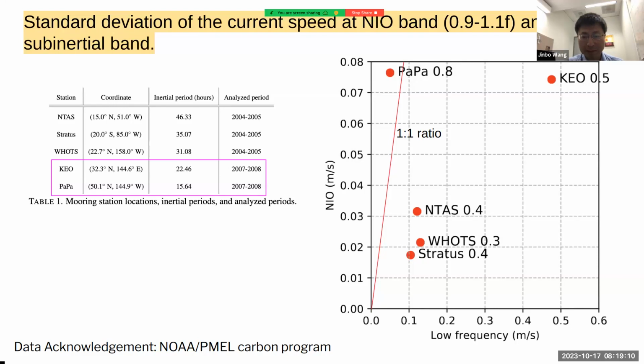On the right-hand side, this figure shows the low frequency, presumably the mean circulation, mesoscale, and some mesoscale eddies on the horizontal axis, and the vertical axis is band-pass filtered NIO with units of meters per second. The 1-to-1 ratio is the red line, right? So the majority of the region among the 5 moorings have more low frequency variability than NIO. The exception is station Papa, which has more near-inertial oscillation than mean circulation and eddies.